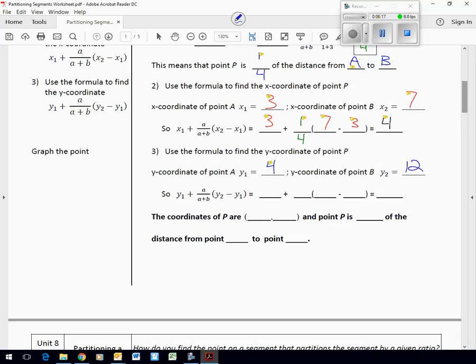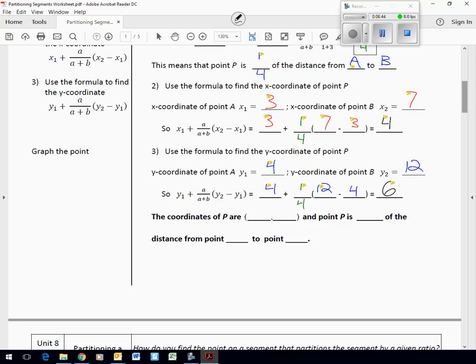So I get y1, 4, plus my fraction, 1/4, y2, 12, minus 4. I'll put that into my calculator. What do I get when I do that? 6. So the y coordinate of point P is 6.